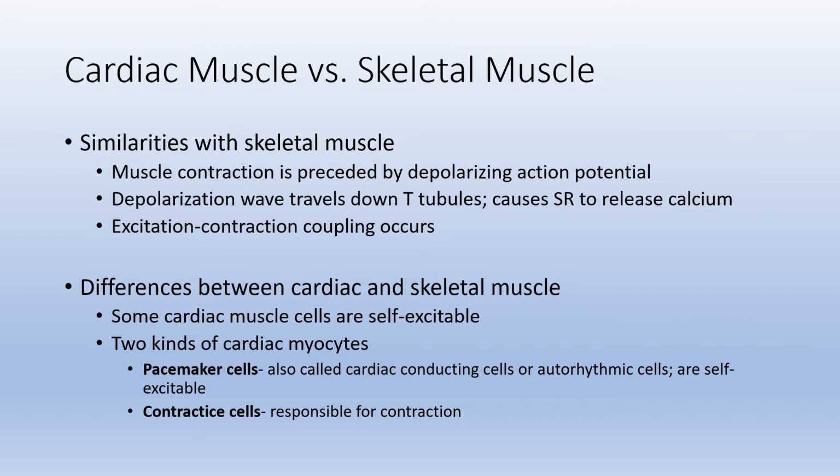Therefore, they are self-excitable or capable of generating a rhythm automatically. The other 99% of cardiac muscle cells will be the contractile cells. And these are the cells that we usually think of when we think of a muscle cell. These are the cells that will shorten to generate force or contract.